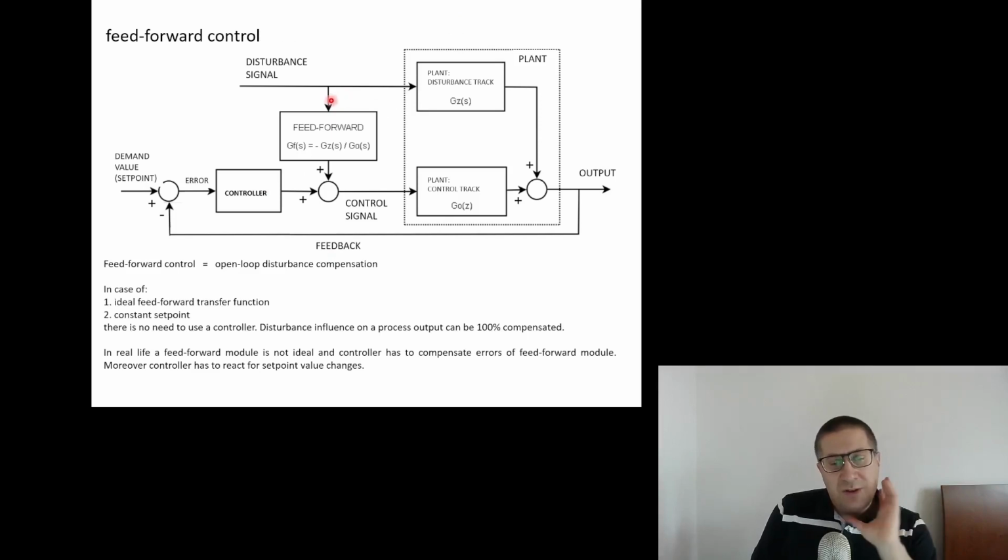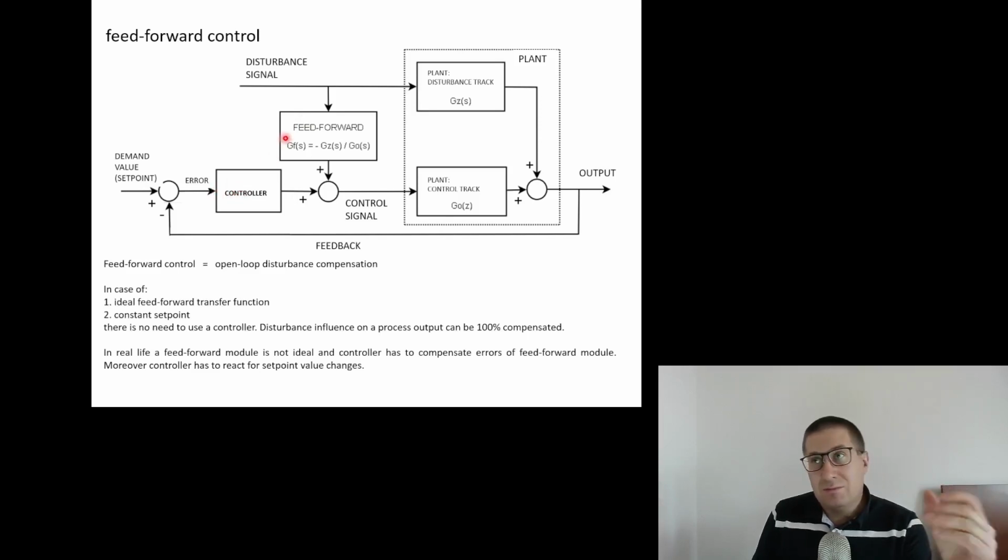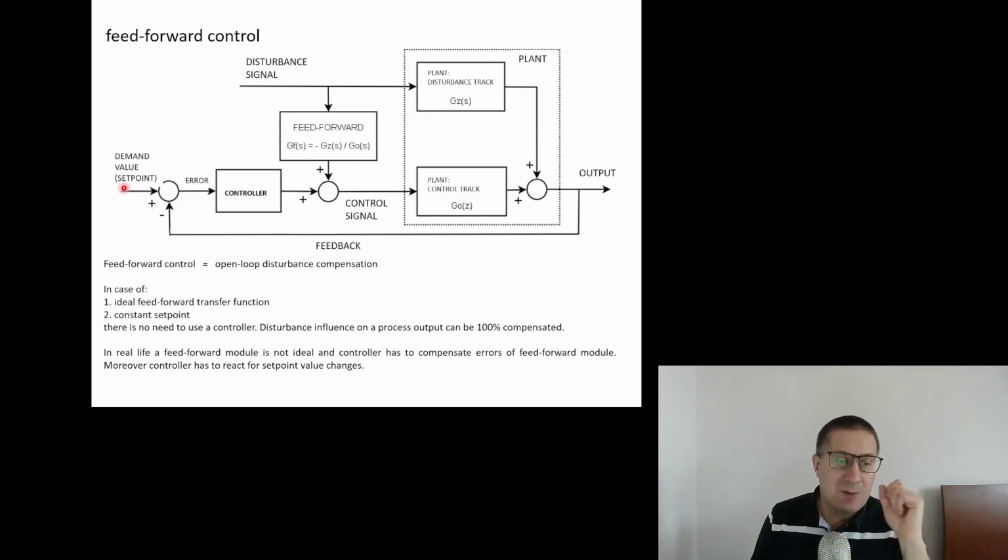And of course, feed-forward modules are not ideal. So we need this controller to compensate errors of this model, right? Moreover, if someone changes the set point, of course the controller has to do his job.